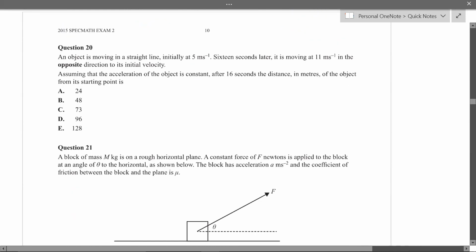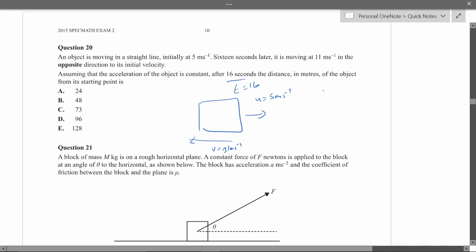So an object is moving in a straight line. Initially it's 5, and then 16 seconds later it's moving the other way at 11, in the opposite direction. The acceleration is constant and t is 16. So this is just your constant acceleration formula.